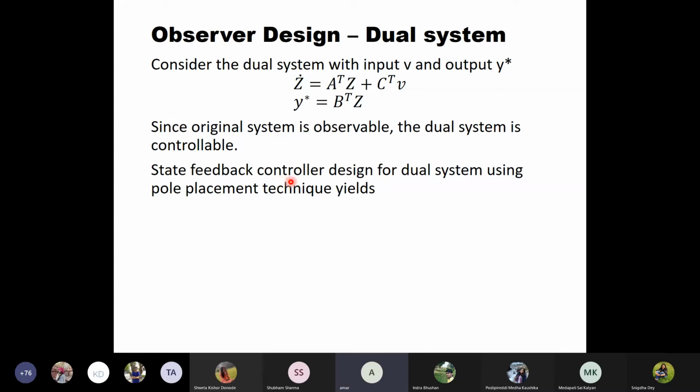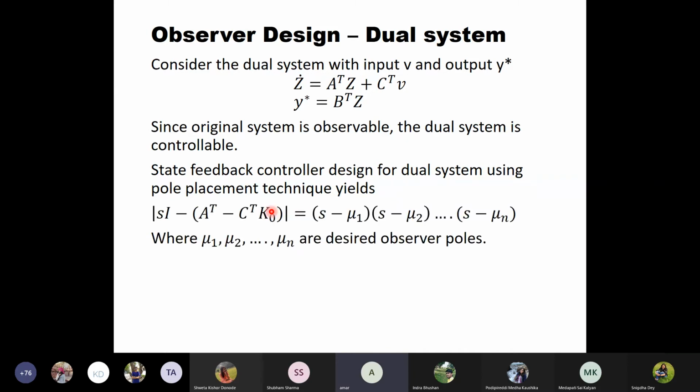The second thing is, if I want to design the state feedback controller for this dual system using the pole placement technique, then I will have the characteristic equation det(sI minus A transpose minus C transpose Ke) equals (s minus mu1)(s minus mu2)...(s minus mu n), where mu1, mu2, ..., mu n are the desired observer poles for the primary system, and for the dual system they are the desired locations of the controller poles.